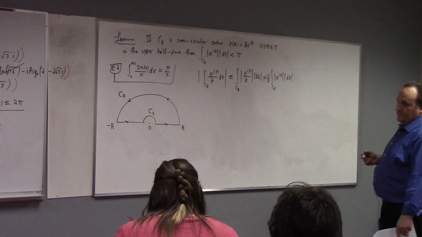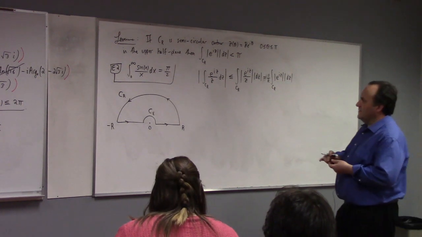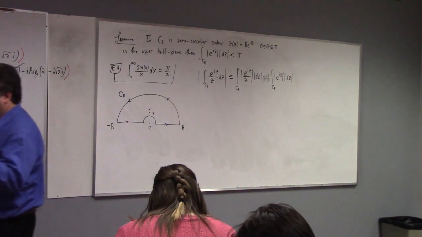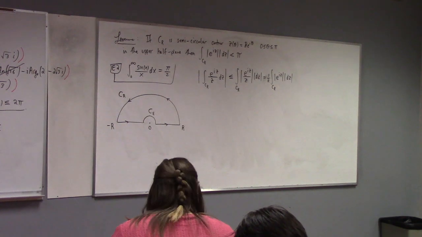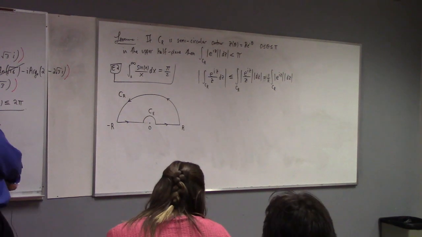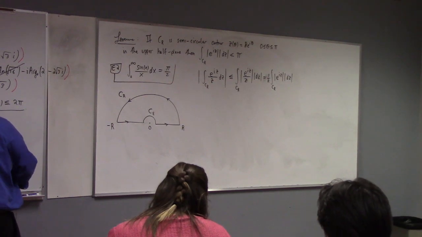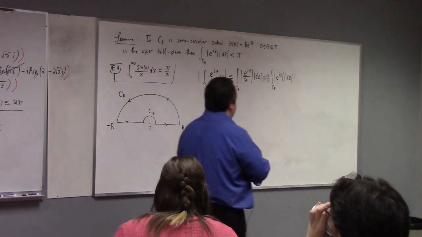And then here comes Jordan's lemma. Jordan's lemma is really just like trigonometry. It's just like a pre-calculus, Calc 2 kind of argument. I don't think it meaningfully uses the techniques in this course. It's just a technical result, really. And so this is less than what?